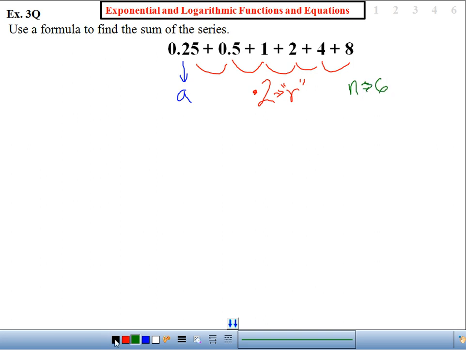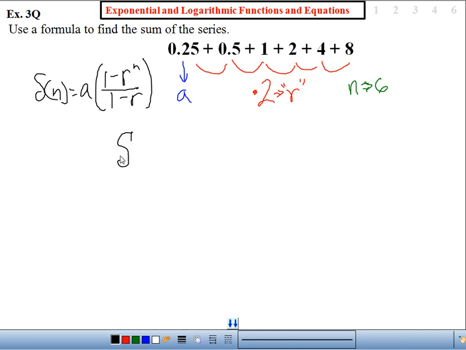All right. So step 1 is done. Identify those values. Step 2, write our formula. What's our formula? S of n equals a times (1 minus r to the n) over (1 minus r). And all we have to do is substitute values in here. So here we go.